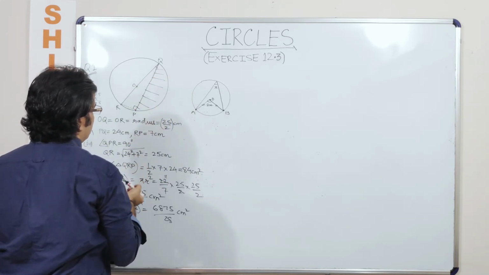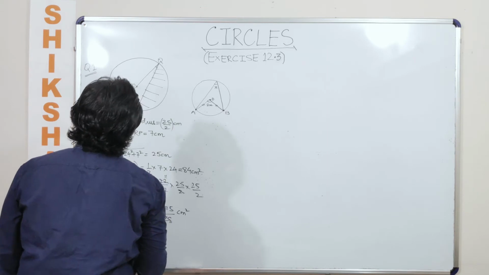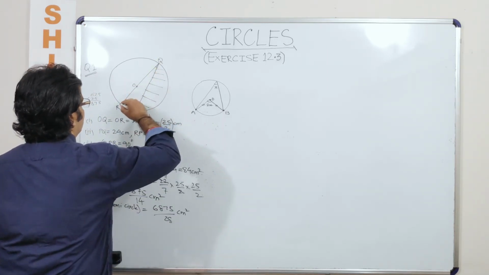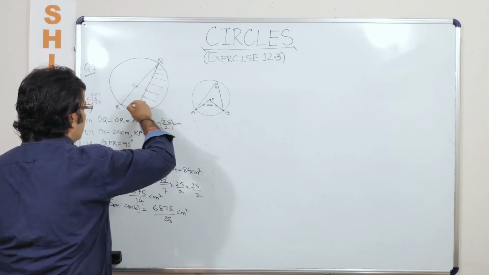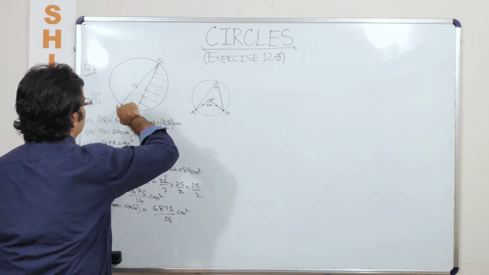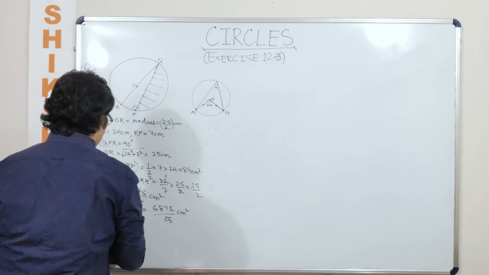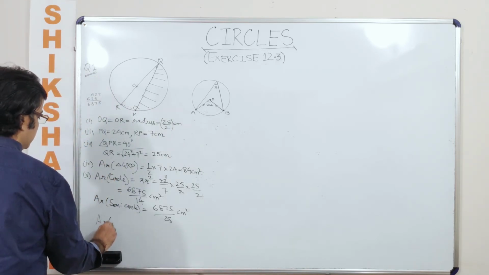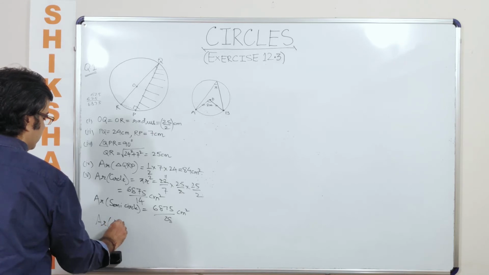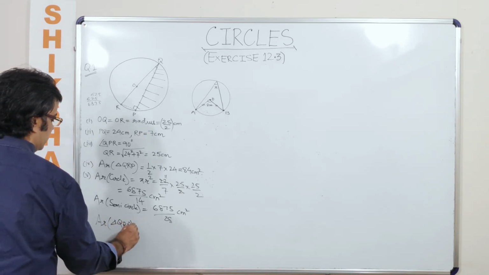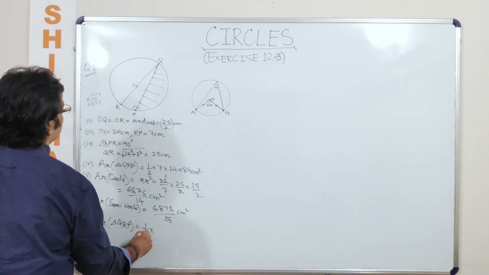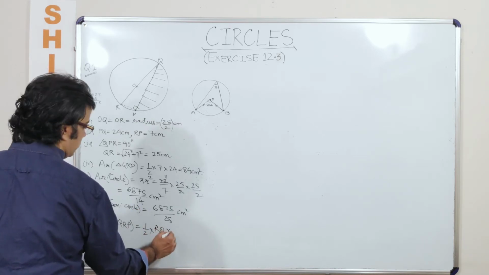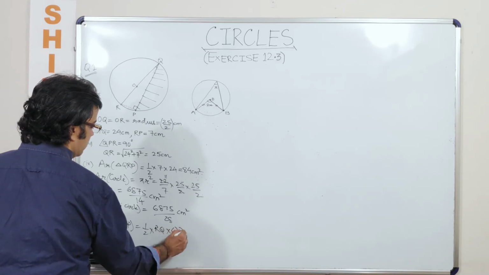We know how to calculate the area of a triangle, so the area of the triangle that we had talked about, area of the triangle QRP, can also be written as half into RQ into QP into sine of the angle.